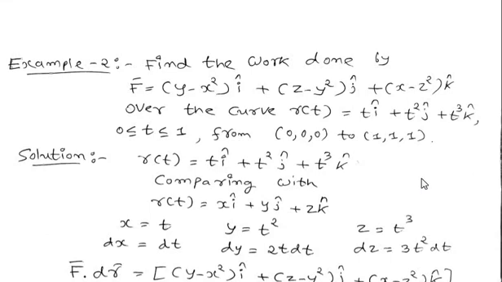Now you can see that here we have been given r of t in a parametric form. So comparing r(t) = t i + t² j + t³ k cap with the standard form x i + y j + z k, by comparison, we have x = t, y = t², and z = t³.